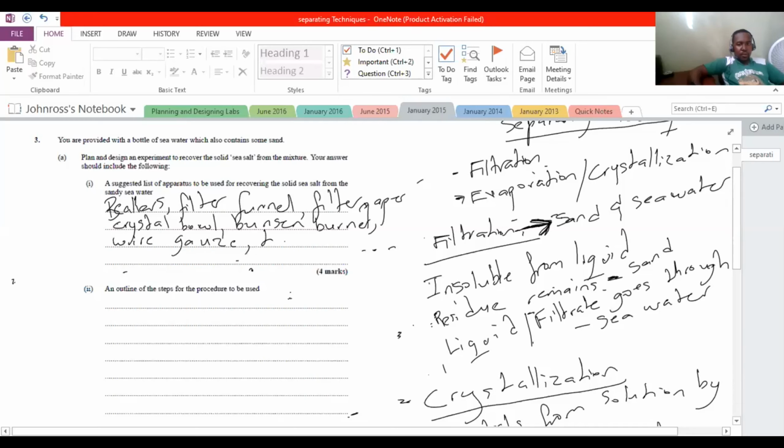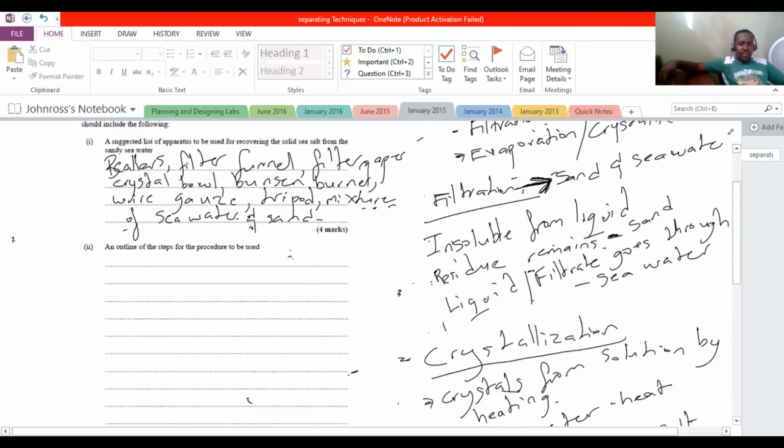And your mixture, a mixture of seawater and sand. All right, so that's all we need to outline the steps.